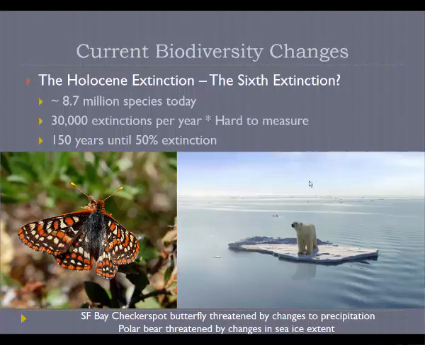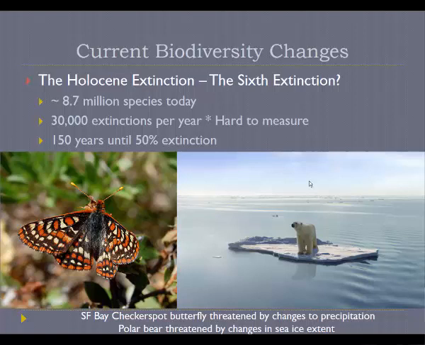Sometimes the sixth extinction, sometimes the Holocene extinction, which is the name for the geologic period that just ended, and then also sometimes called the Anthropocene. So anthro means man, so this kind of period of time that's defined by the influence of man or humans on the planet.